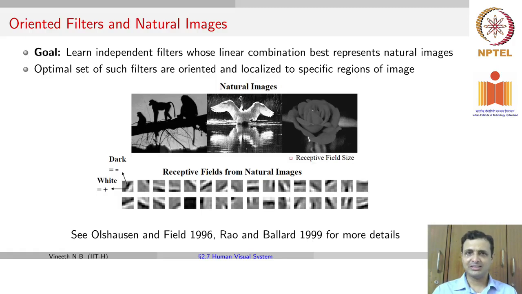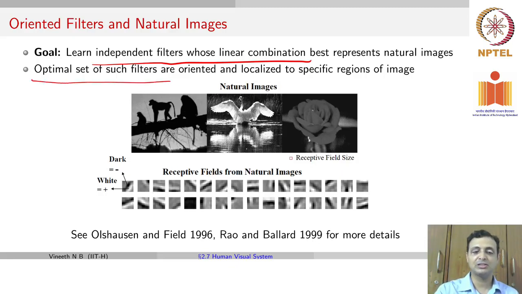Why are oriented filters important? Even from a human visual system perspective, people have shown that given natural images, and let's say we had to learn independent filters whose linear combination would best represent natural images, it can be shown that the optimal set of such filters are actually oriented filters and are localized to different regions of the image.